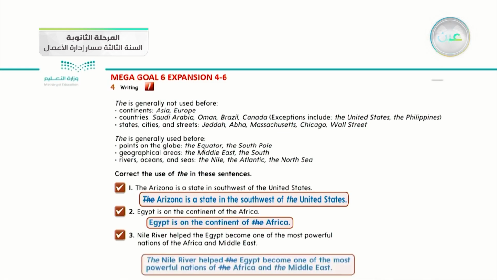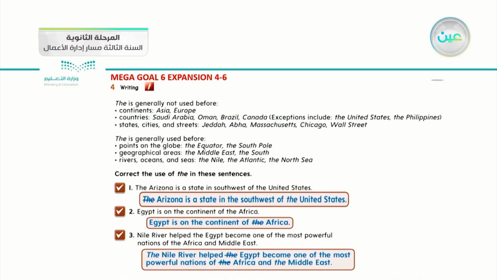Okay, the Nile River, because a river is a geographical feature, so we can use the article "the" with it. Helped Egypt, I omit "the" before Egypt, become one of the most powerful nations of Africa, I omit "the" before Africa because it is a continent, and the Middle East.